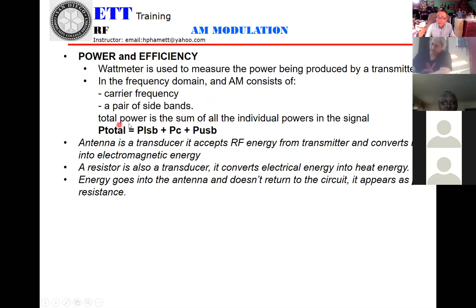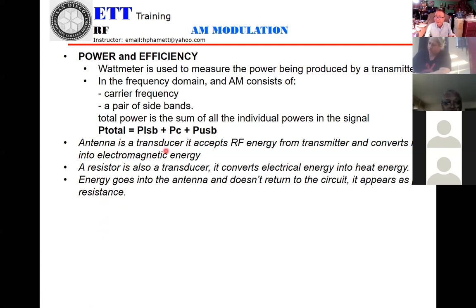So the total power is the sum of all the individual power in the signal. In order to calculate the total power, you have to take the power of the lower sideband plus the power of the upper sideband plus the carrier power. Okay?